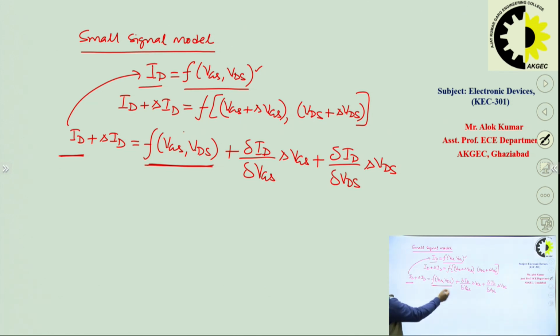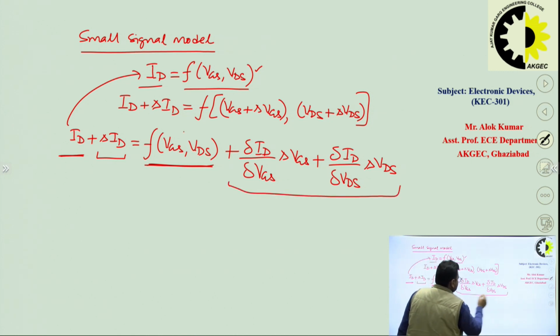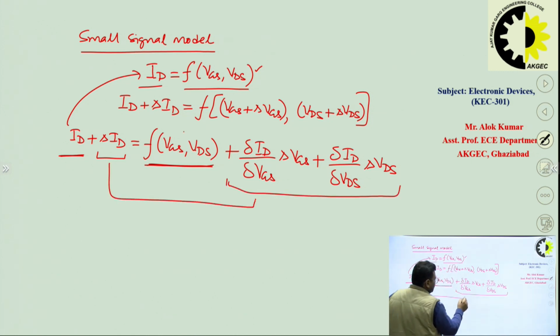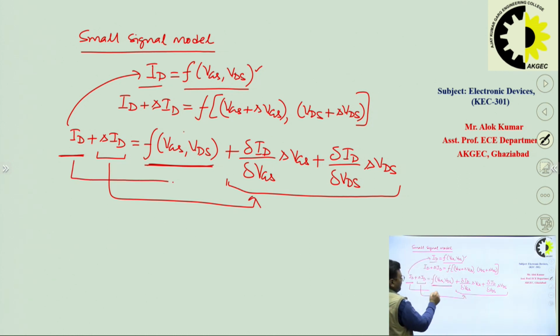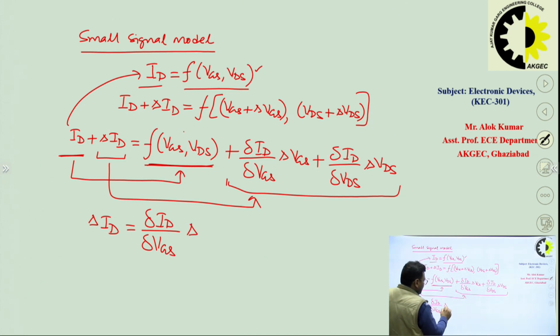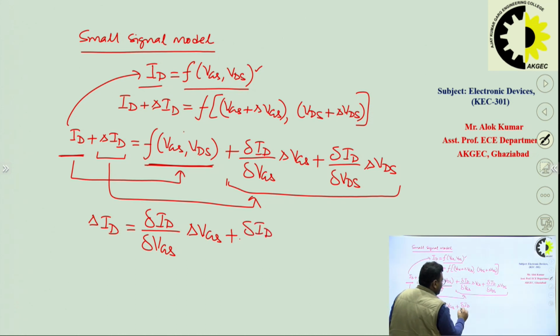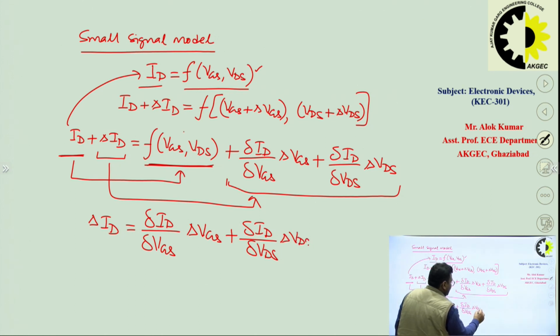So this delta ID is mapping with this term, and ID is mapping with this term, so we can separate them out. We can write this delta ID is equal to delta ID upon delta VGS into delta VGS plus delta ID upon delta VDS into delta VDS.